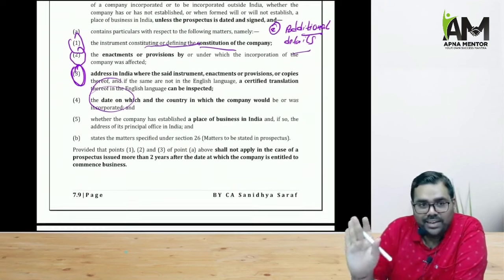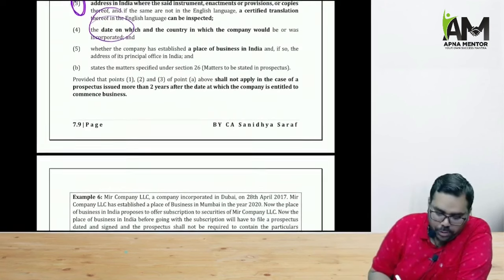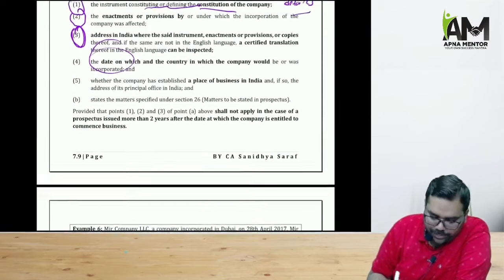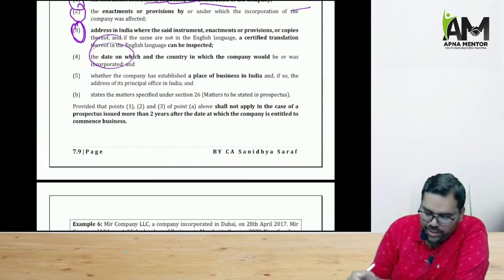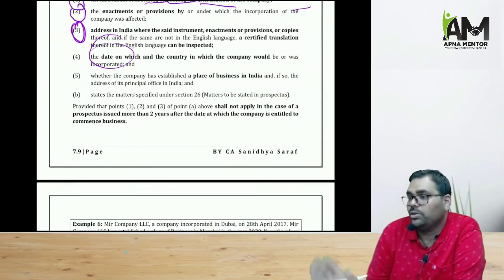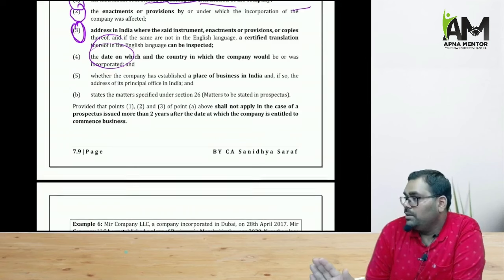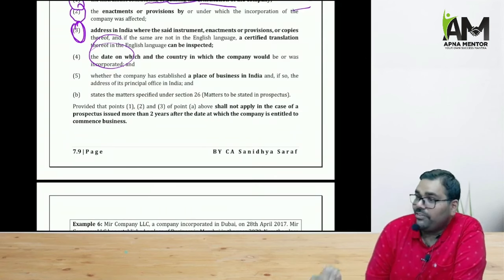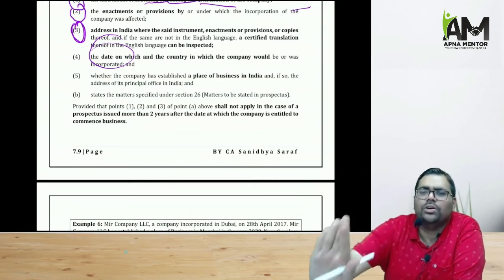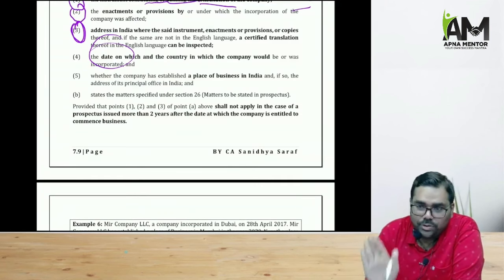So what they have clarified is, provided that points 1, 2 and 3 of point A shall not apply in case of a prospectus issued more than 2 years after the date at which the company is entitled to commence business. When the company commences business, if after 2 years the company is issuing a prospectus, it means the company is an old company.